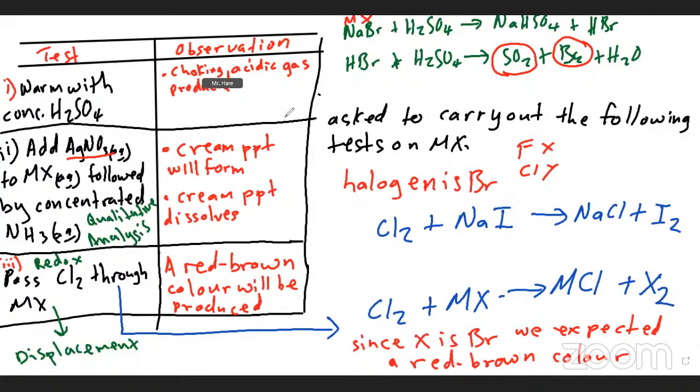We'll get a choking acidic gas being produced. And then bromine, what is the color of it again? Red brown.